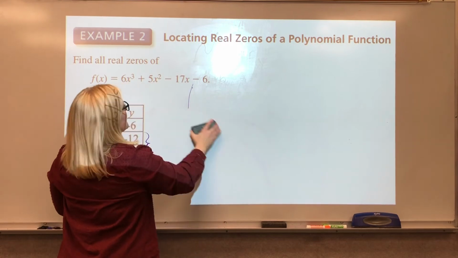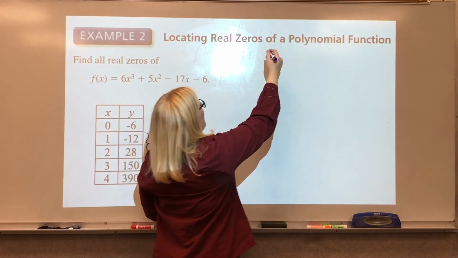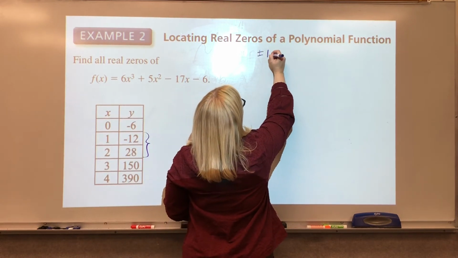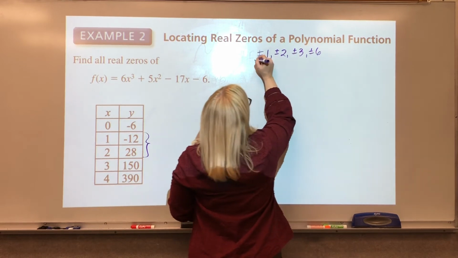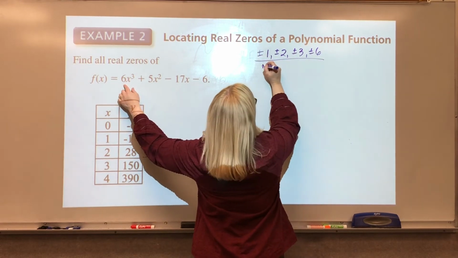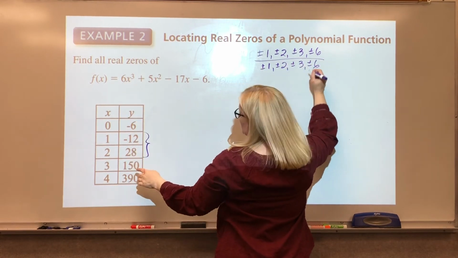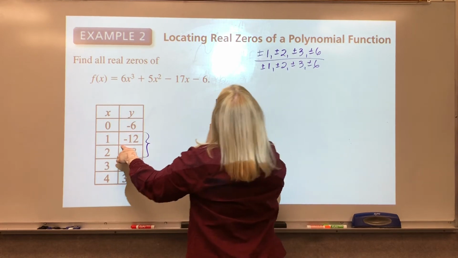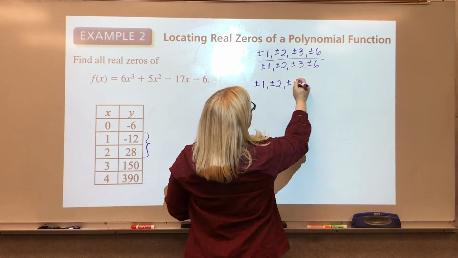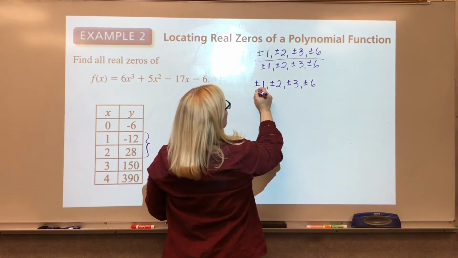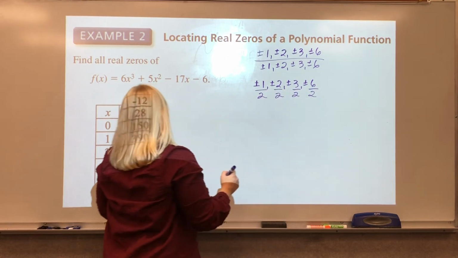Okay, so let's look at some of our possible roots to this. We've got plus or minus 1, plus or minus 2, plus or minus 3, and plus or minus 6, all over the same factors. But I'm looking for one specifically that's between 1 and 2. So say I look at the ones that are over 2. Okay, I have one.